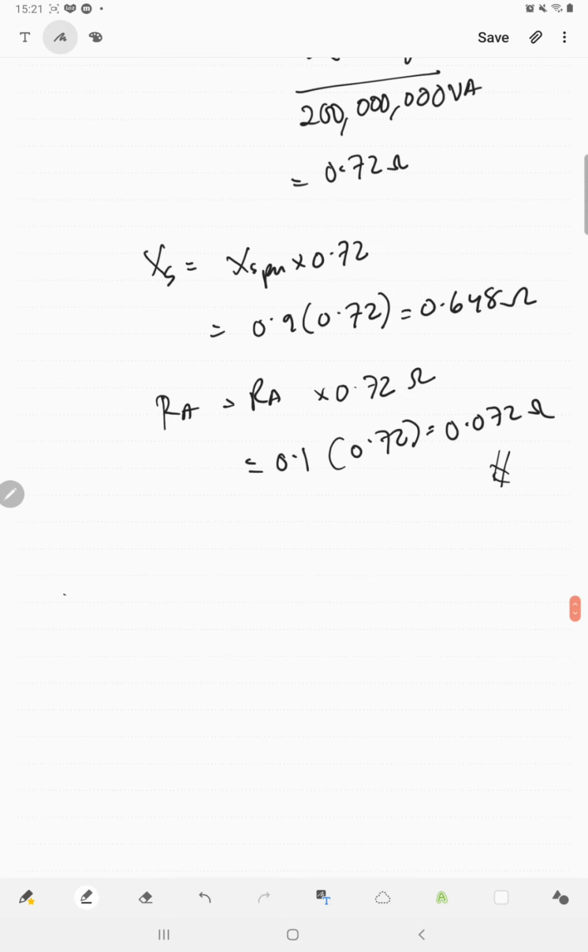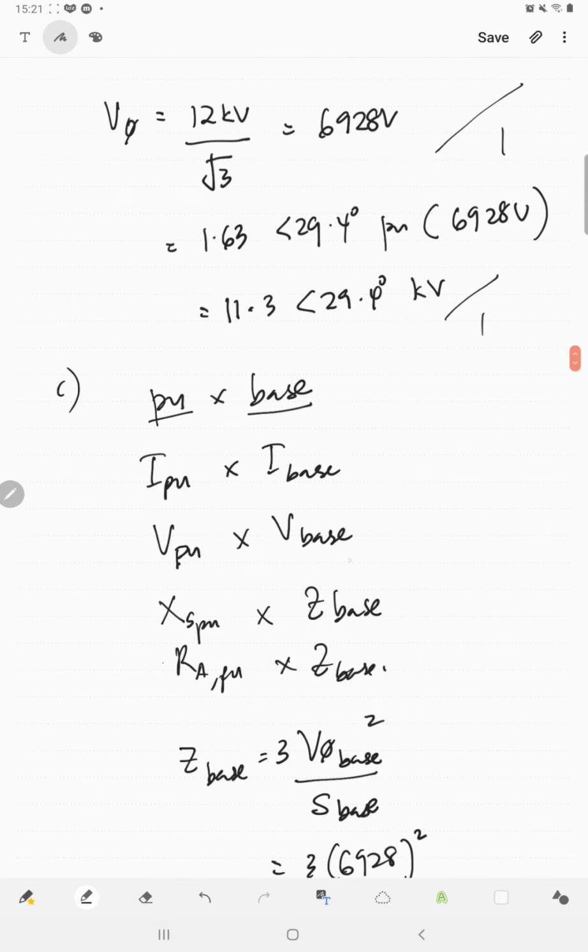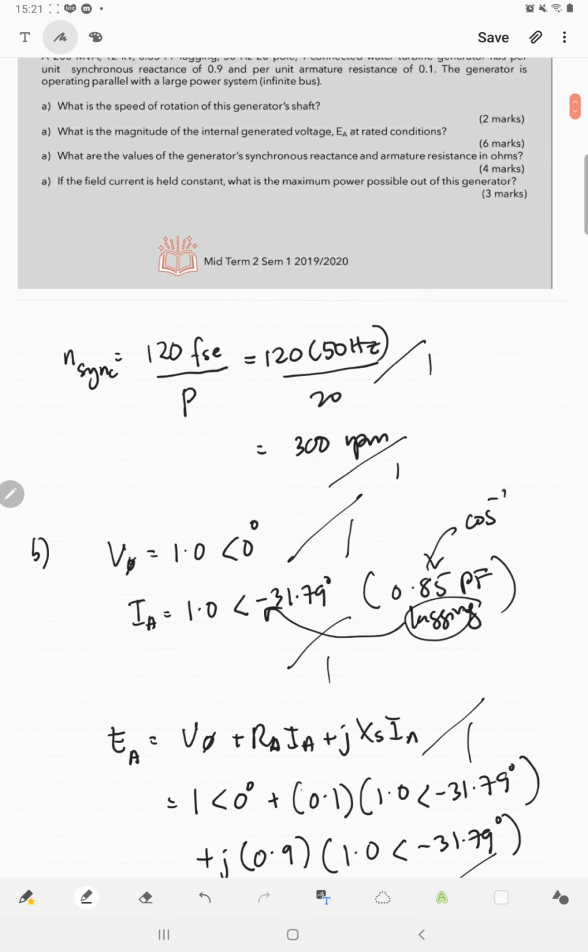Now part D. The question is: if the field current is held constant, what is the maximum power possible out of this generator? If we remember the earliest lecture on the principle of AC machines, I told you about the torque angle.